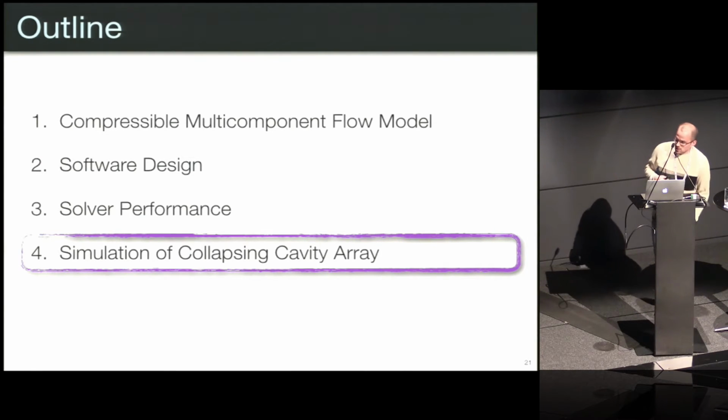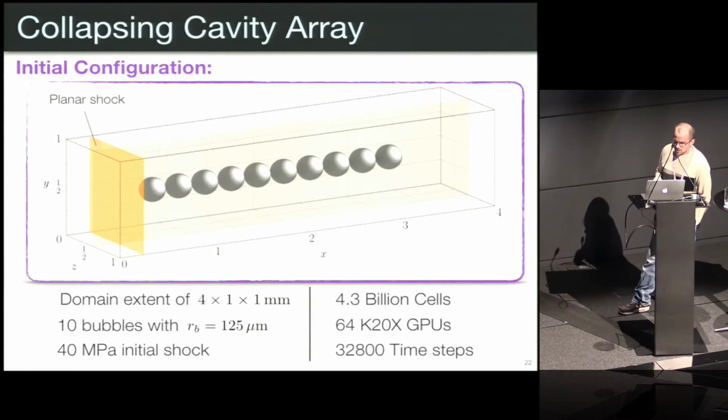Okay, so now I would like to move on to the last part, which is the simulation of a collapsing cavity array. The simulation setup consists of a domain of liquid water, where we submerge 10 air bubbles of a radius of about 125 micrometers. We use a planar shock wave upstream to force the collapse of these bubbles.